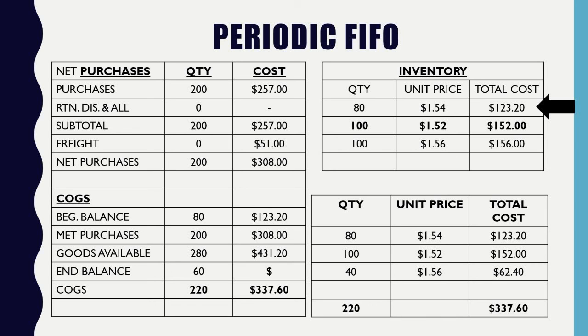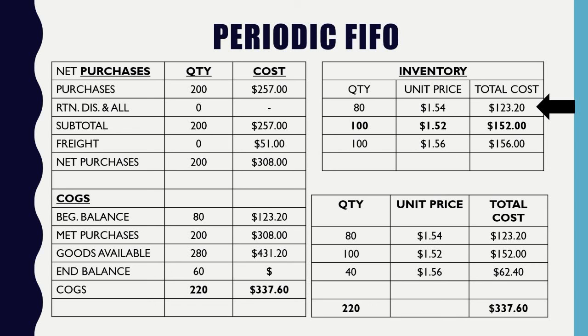So I'm going to take my 40 and multiply it by my $1.56 to give me a grand total of $62.40. That's me selling 40 out of the 100 items I have available in my very last batch.